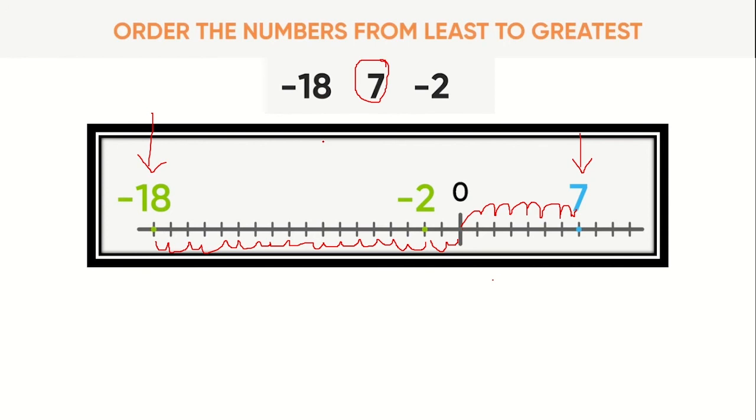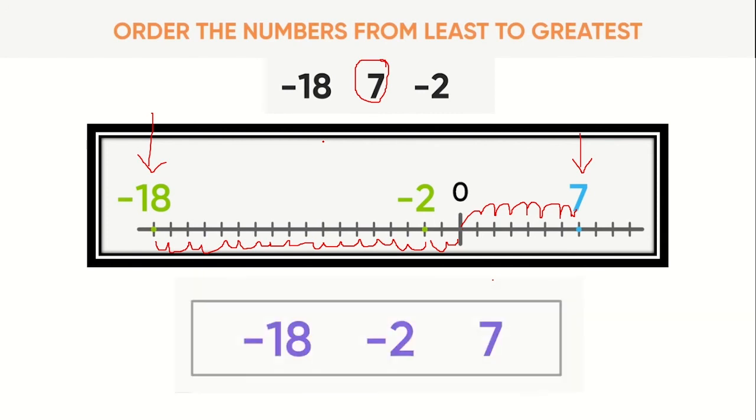So, if negative 18 is the least and 7 is the greatest, that means negative 2 is between the two of them. So that's our answer. Negative 18, negative 2, then 7.